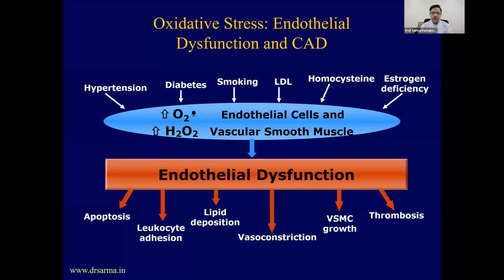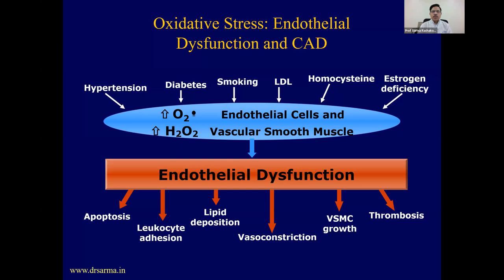This oxygen, what will it do? It will form free radicals and H2O2 is formed. That H2O2 is a peroxide, dihydrogen peroxide, and that peroxide acts on the vascular smooth muscle and causes the endothelial dysfunction.